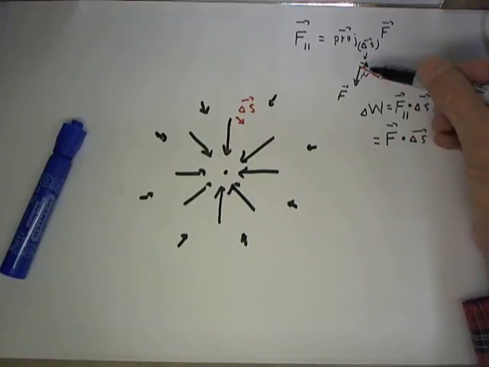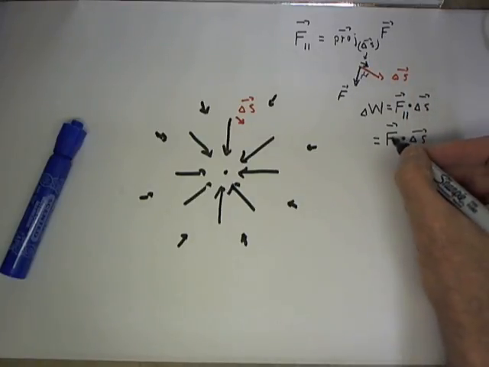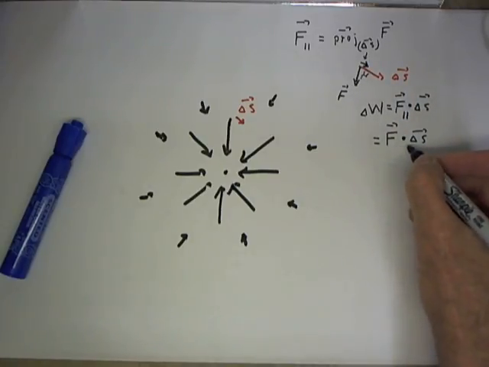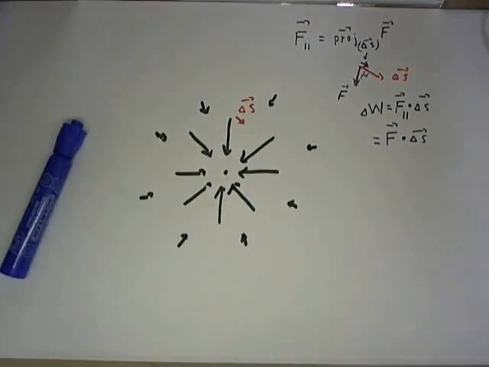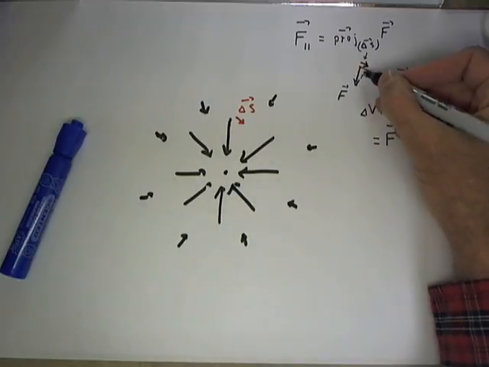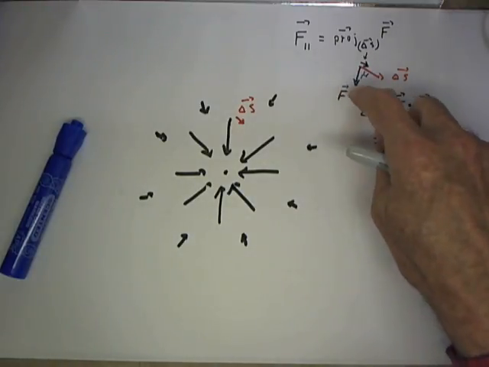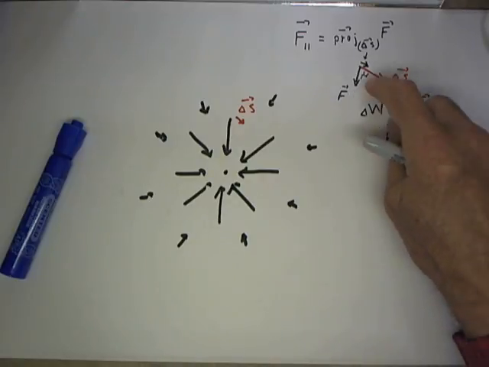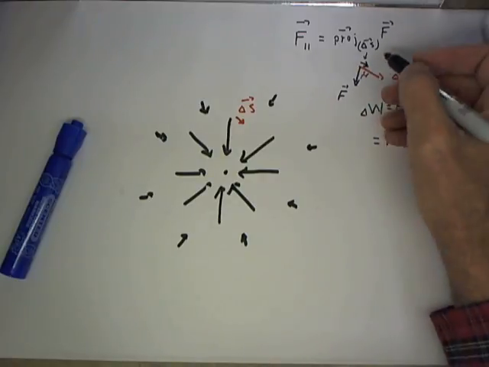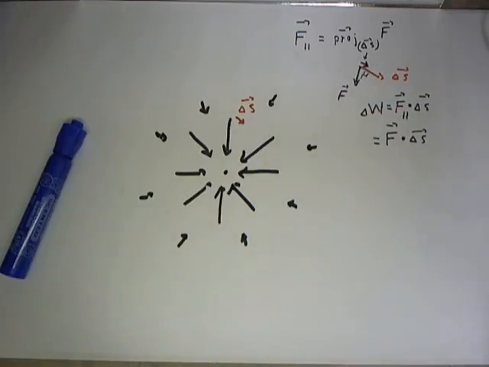However, having done so gives us a better picture of what we mean by the work in the F dot delta S. In terms of the angle between F and delta S, of course, this is nothing but the magnitude of F times the magnitude of delta S times the cosine of the angle between delta S and F.